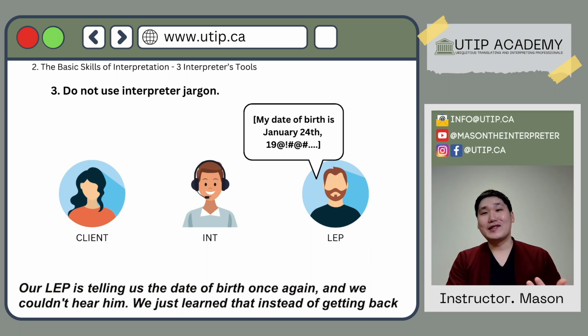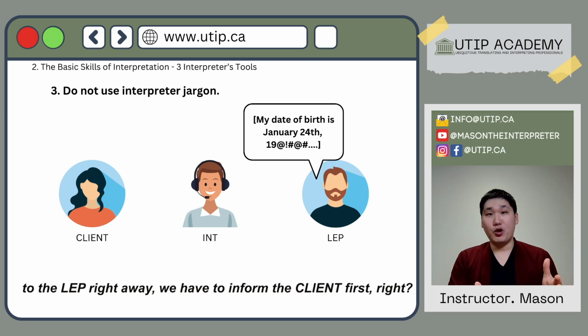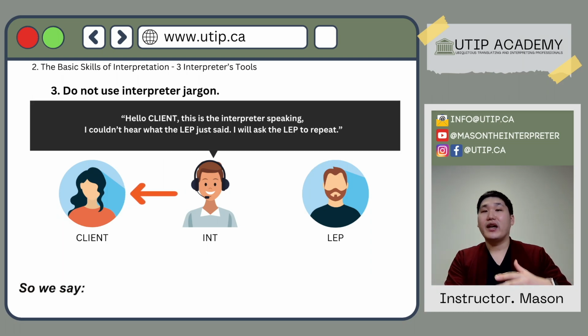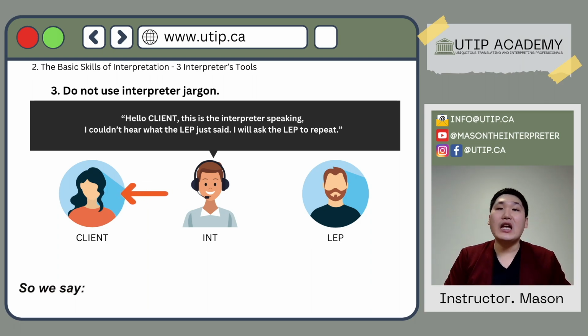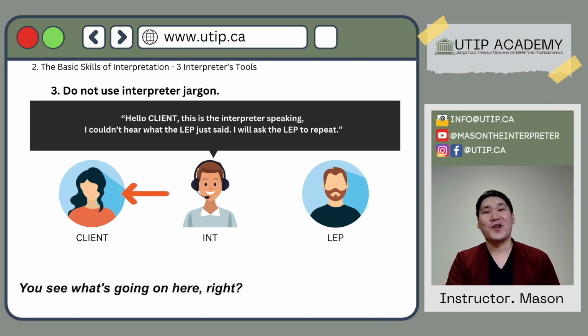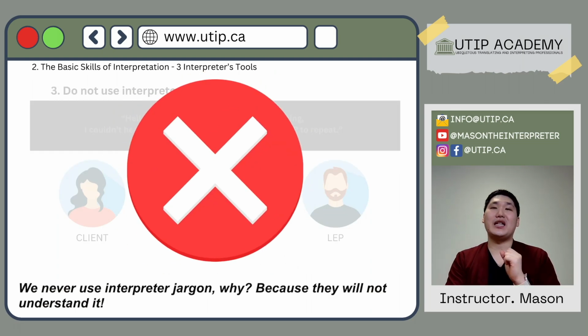We just learned that instead of getting back to the LEP right away, we have to inform the client first, right? So we say, hello client, this is the interpreter. I couldn't hear what the LEP just said. Would it be okay if I ask the LEP to repeat? You see what's going on here, right? We never use interpreter jargon. Why? Because they will not understand it.